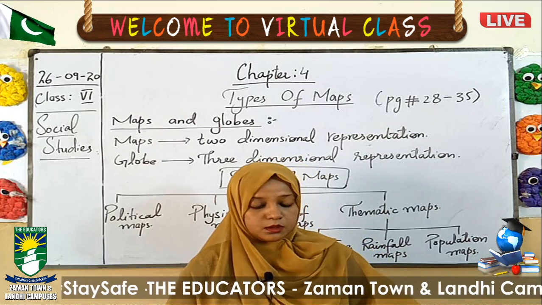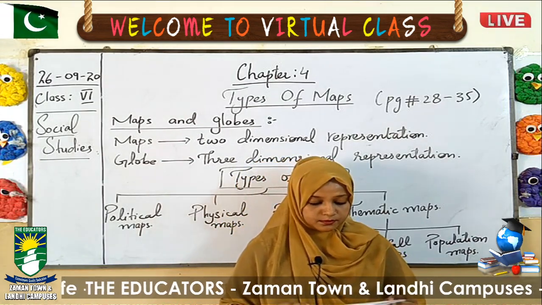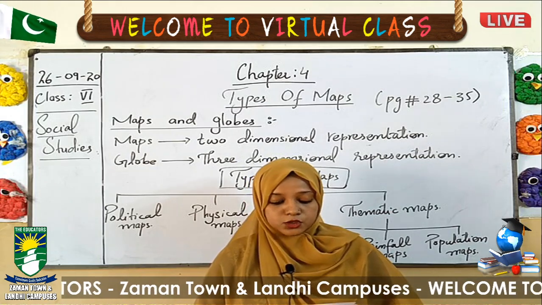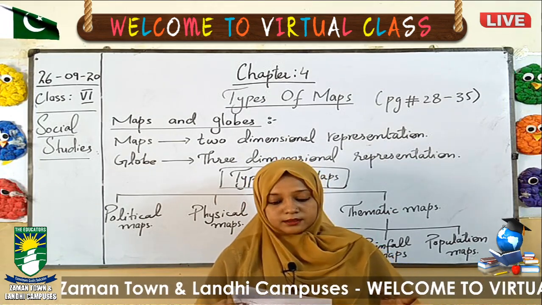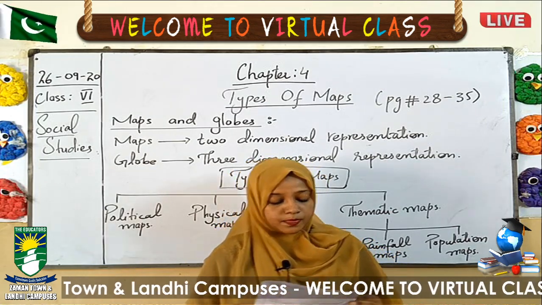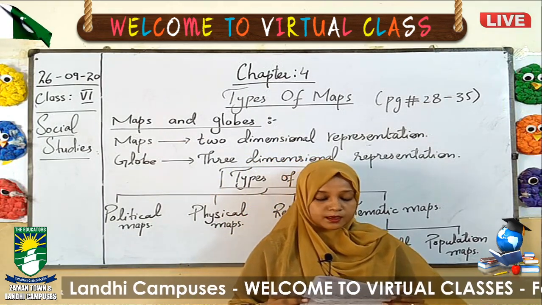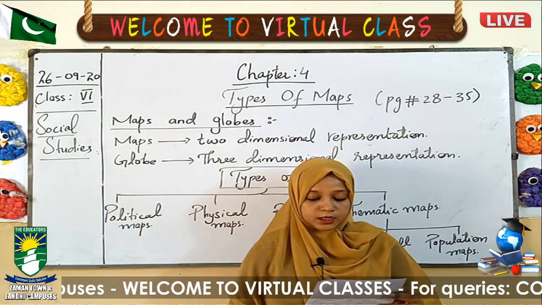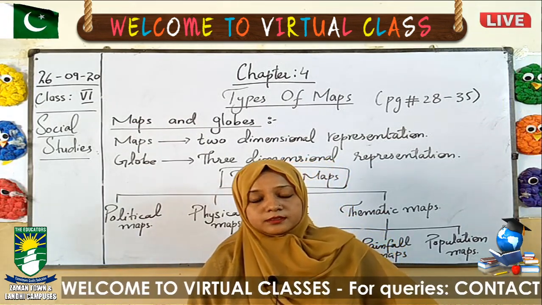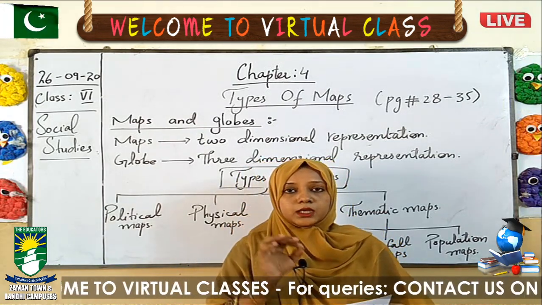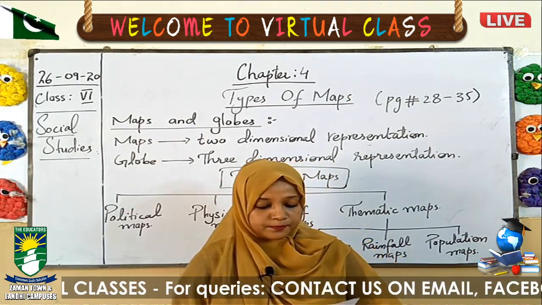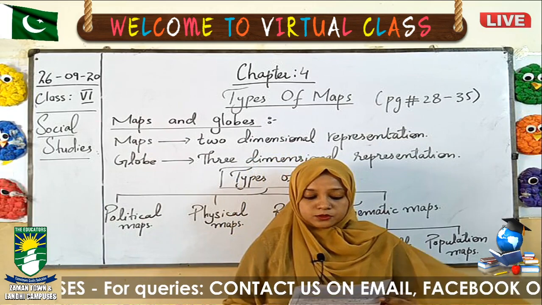Okay, now the question answers. Question 1. What does land elevation mean? You can easily find the answer in the book. Question number 2. Define map. You can write the definition if you understood the lecture, and list the names of its types. You need to write only the names, no need to define them. Okay? Question number 3.